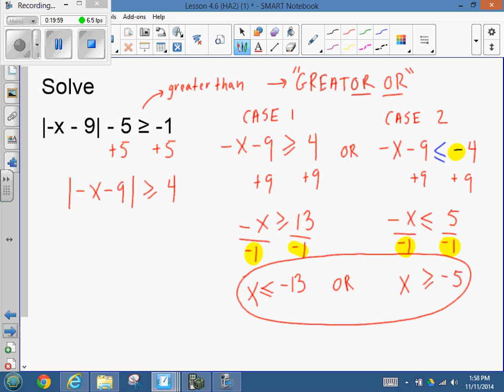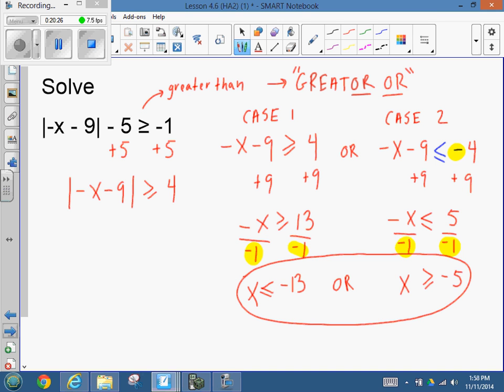This OR statement combined has all of the solutions that satisfy the original absolute value inequality. Either x is less than or equal to negative 13, or x is greater than or equal to negative 5. In this case, there can be nothing in between that's going to satisfy this particular inequality.